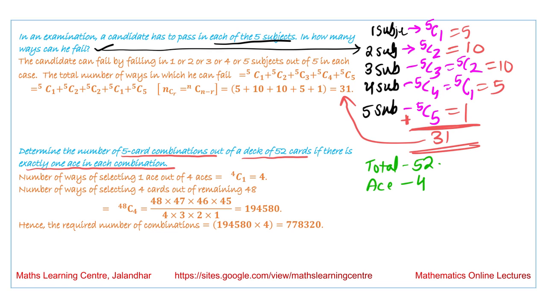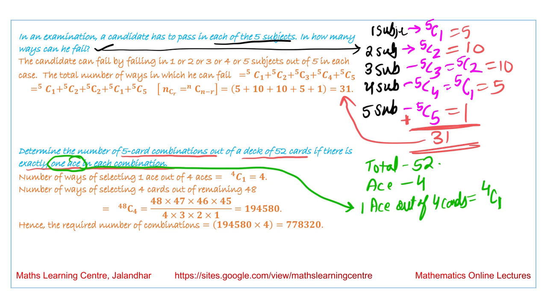Now it is given that one ace is always there. So the ways of choosing one ace out of 4 cards is 4C1. Now if one card is already chosen, we have to choose a total of 5 cards. The number of aces is 4.